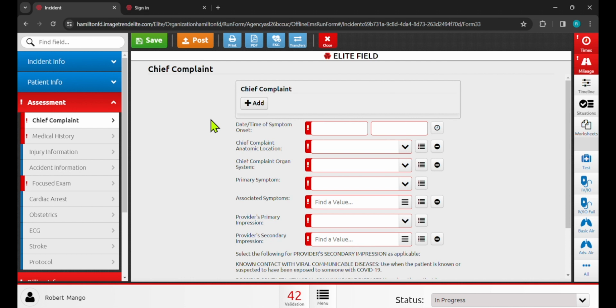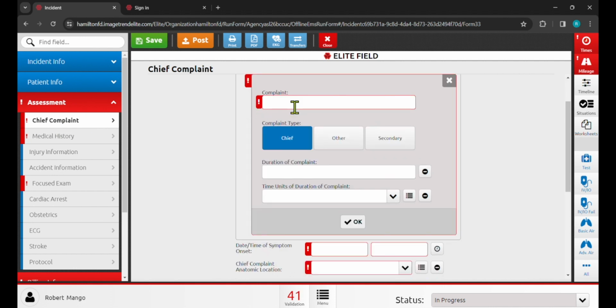What I will say in general, the more documentation, the better. So skipping over things, there is a time and a place where maybe not all of this needs filled out. But in general, the more you fill out, obviously, the more thorough and really covered you are in case something turns south. So we are in our assessment tab, first sub tab, chief complaint.